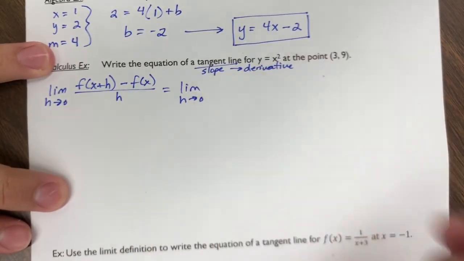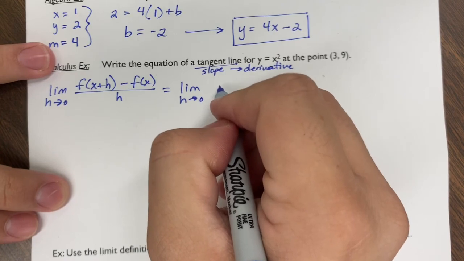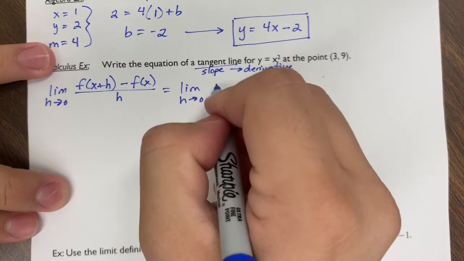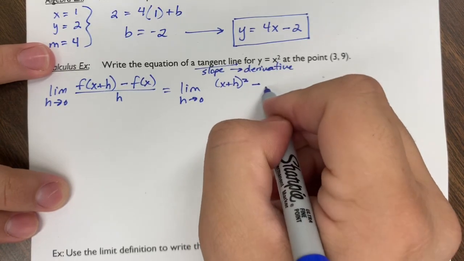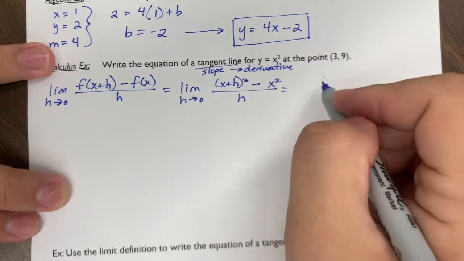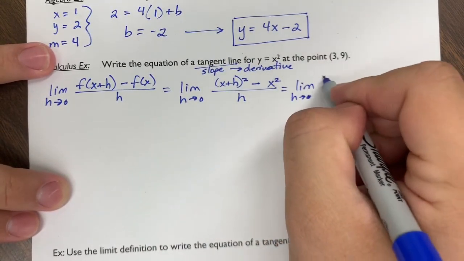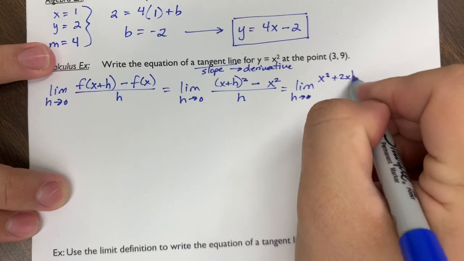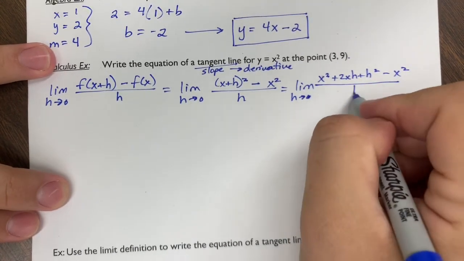So that's the limit as h approaches 0 of x plus h squared minus the original function x squared, over h. That's the limit as h approaches 0 of x squared plus 2xh plus h squared minus x squared, all divided by h.